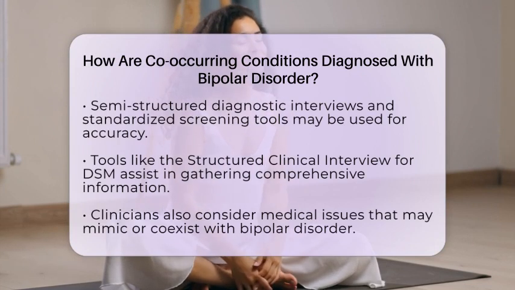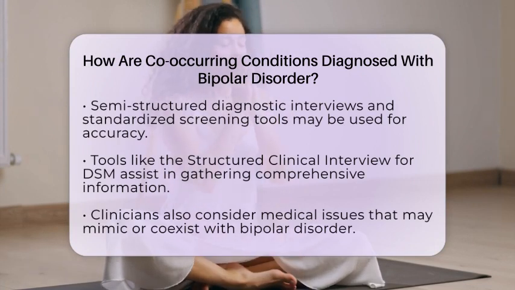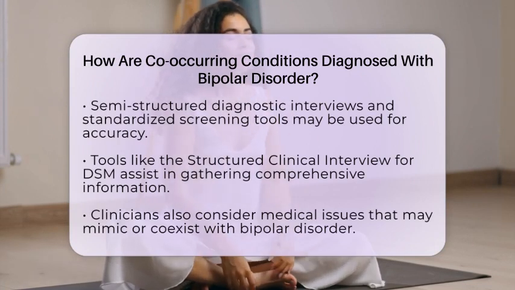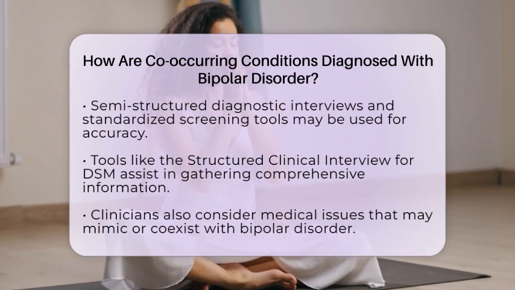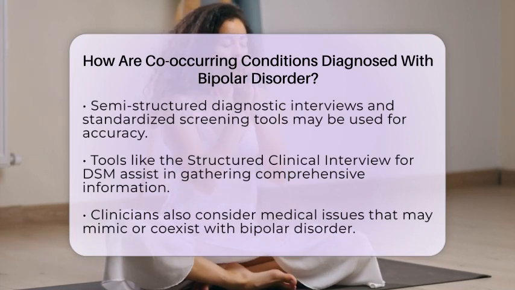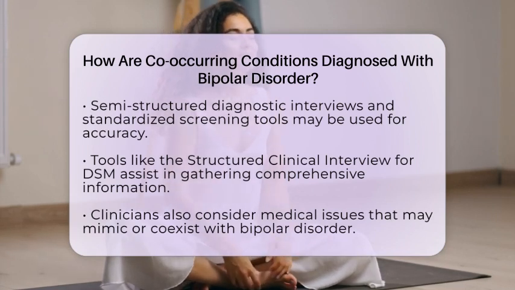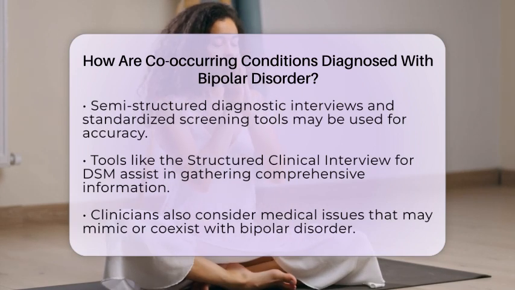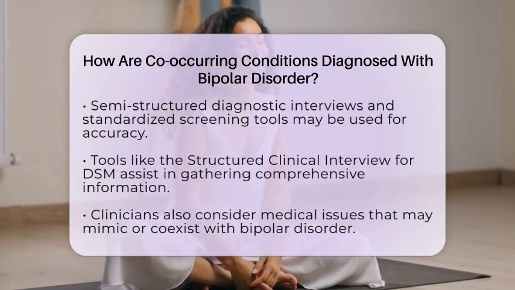In addition to evaluating psychiatric conditions, clinicians also consider medical issues that may mimic or coexist with bipolar disorder. This helps avoid misdiagnosis. While laboratory tests or imaging are not required to diagnose bipolar disorder itself, they may be used to rule out other causes of symptoms.